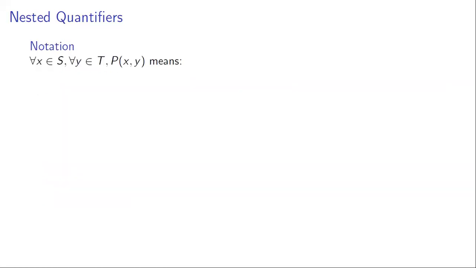So we'll start with a very generic example. We have something like this: for all x in S, for all y in T, P of x comma y. What does this mean? It's really just a way of saying for all pairs x comma y in S cross T, P of x comma y will be true.